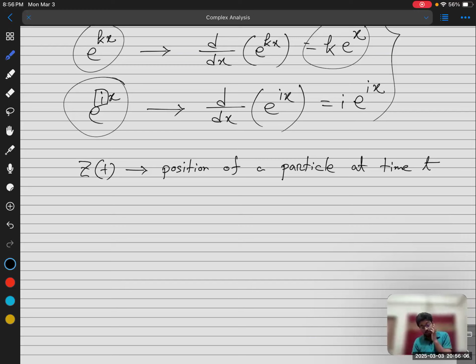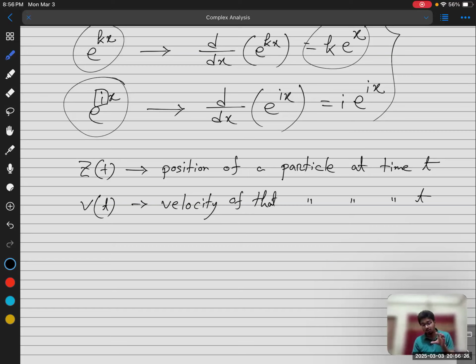And obviously v(t), that is the velocity of that particle. So it is representing the velocity. Sorry, this is not the position. It will be the velocity of that particle at time t.